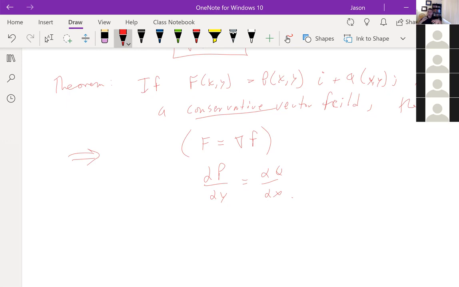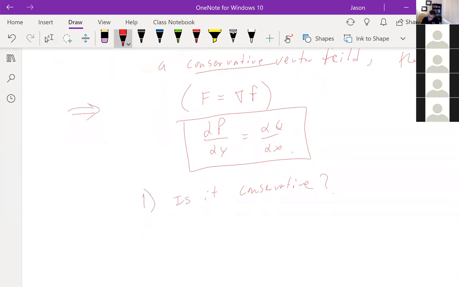So we've done it forwards and backwards. Basically, this is going to be the crux to help us figure out, is it conservative? And then if it is conservative, then we can find f. So the question that we're going to ask is, is it conservative?